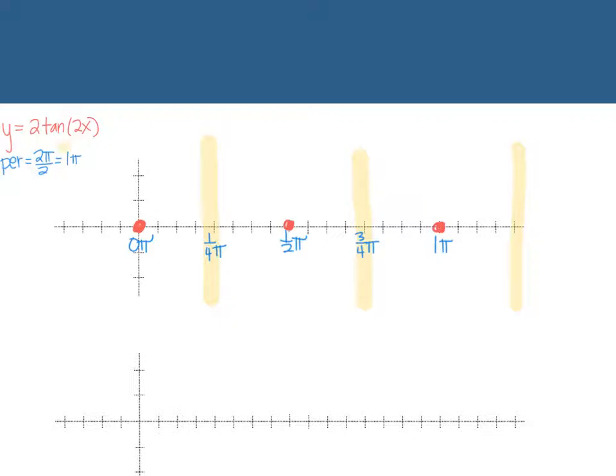Another asymptote, so I might as well follow the pattern of labeling. So if the asymptotes went 1/4 and then 3/4, the next one should be 5/4. And the one on the far left should be -1/4.